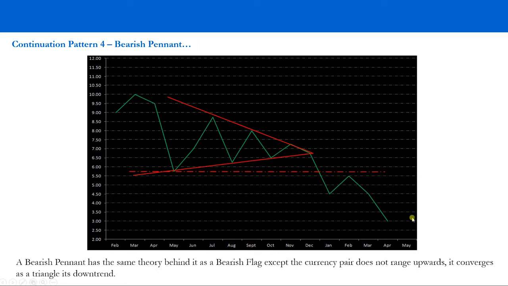So the overall trend is downwards and we have our two key areas again, the breakdown in this instance from the pennant itself and breaking through the low, the previous low put in when the pennant started. So we have our two areas here and this either confirms or denies bullish or bearish fundamental predispositions. So we treat it exactly the same as a bullish flag. It just looks slightly different.